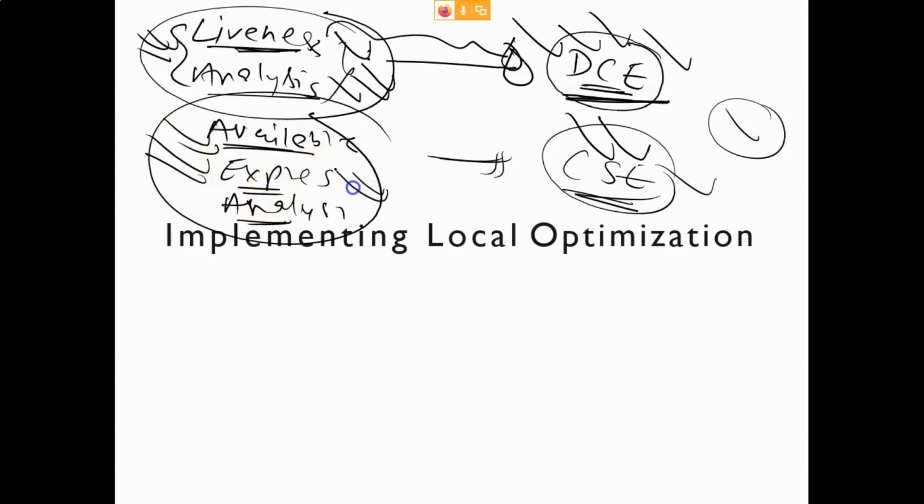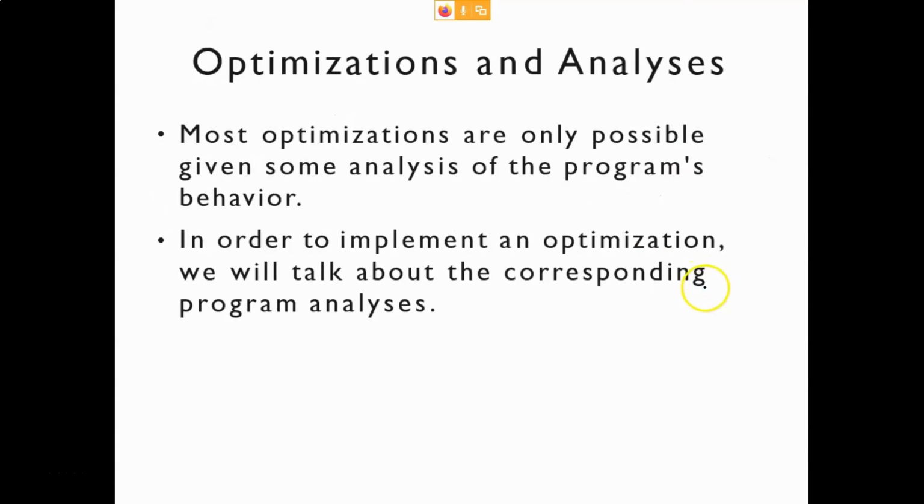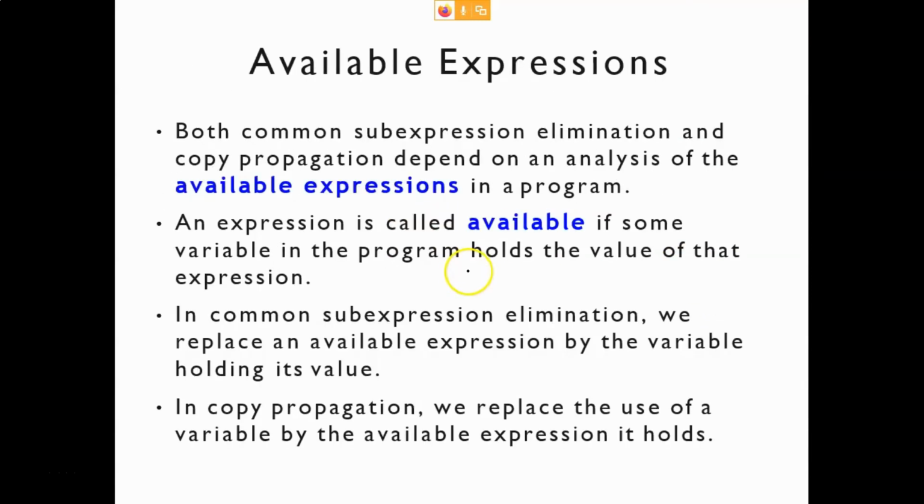So these things are more general, but they will help you in these optimization techniques. So first we will see something called available expression analysis. We will see how to do this analysis, and after this we will see how it helps us in common subexpression elimination.